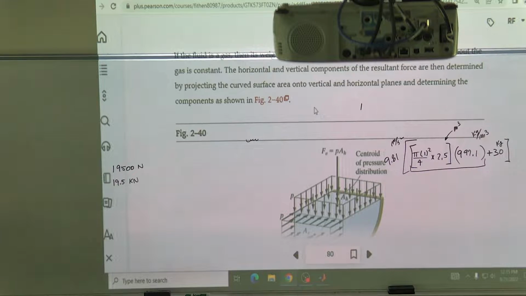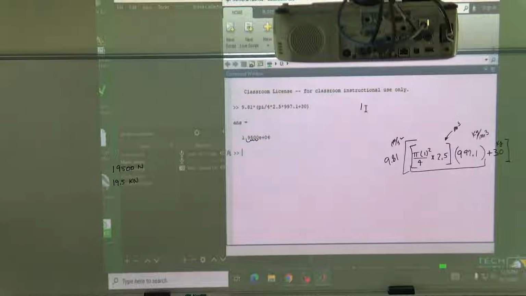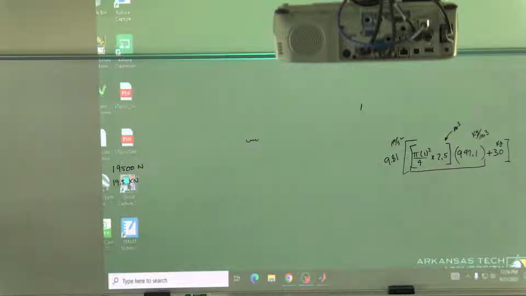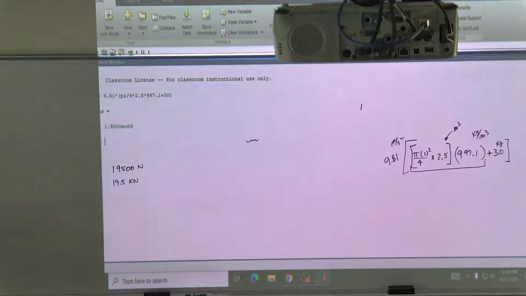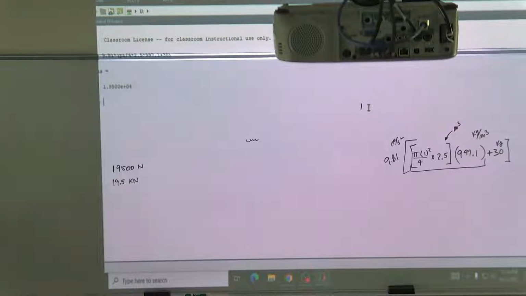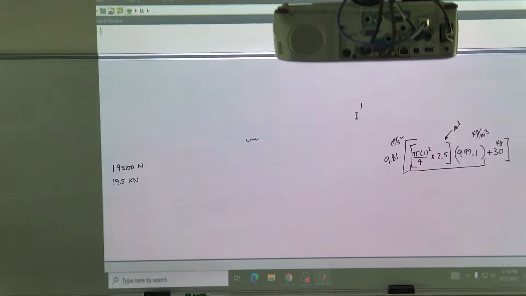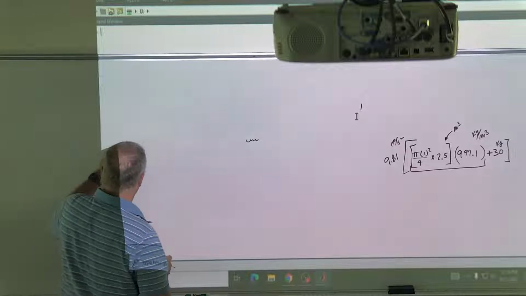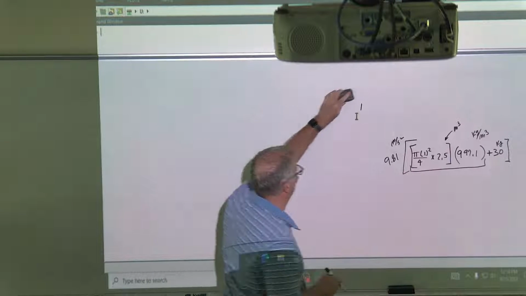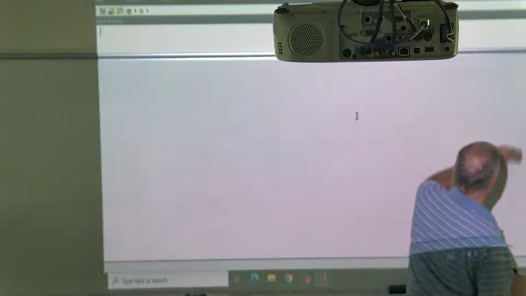Let's use MATLAB because then the whole screen will be white and I can write there. Let me show you a mental approach. There are two mental approaches that work very well, and the best way to do it is with an example.